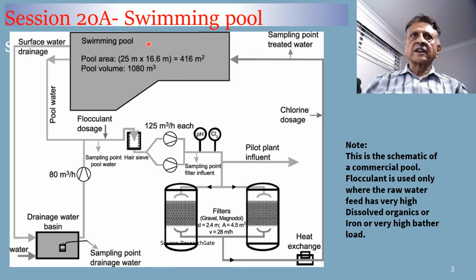In this schematic, there is surface water that drains out through a small channel all along the top of the swimming pool, and it drains out back to the drainage basin. And the main circulation is where the water that enters into the pool, also through several inlets, will move towards the exit.